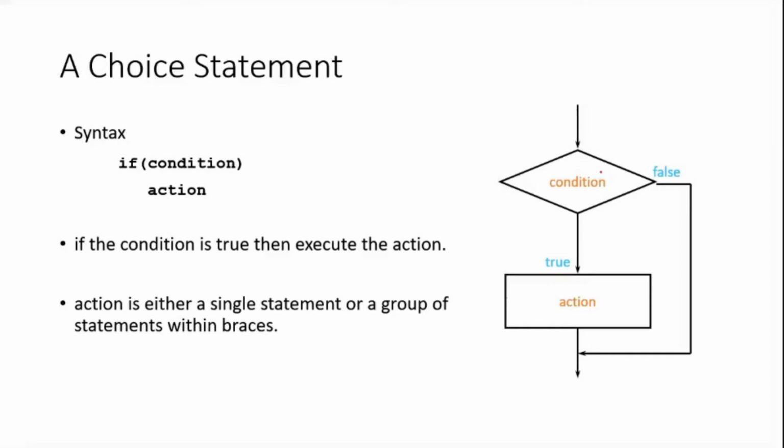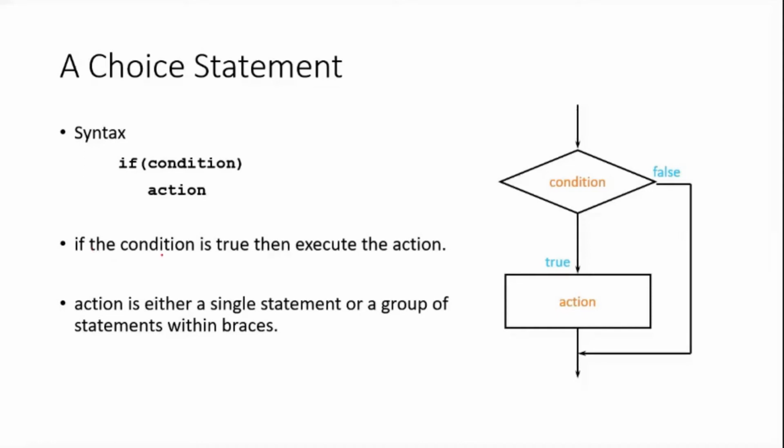If it has a specific value or a specific range of values, then a specific action is done. If that condition becomes true, then a set of actions is to be done. If it is false, we have to bypass that set of actions. That is a type of choice statement, in which if it is true, some action is to be taken, and if it is false, no action is to be taken.